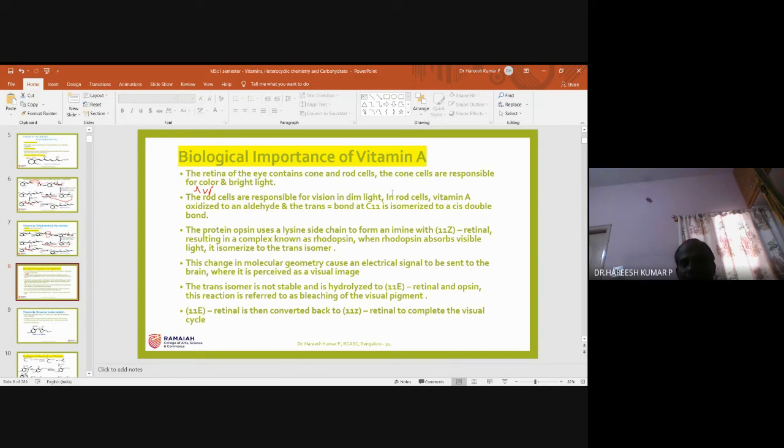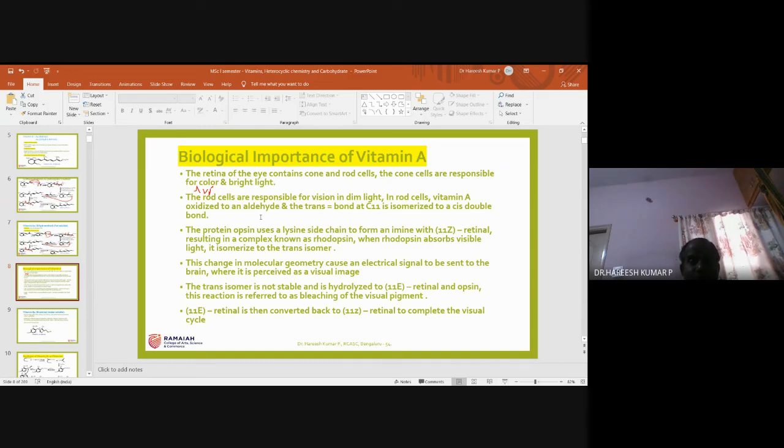Then chemically what is happening? So in rod cells, vitamin A is oxidized to aldehyde. So you know that vitamin A contains a hydroxy group. That hydroxy is converted into aldehyde.